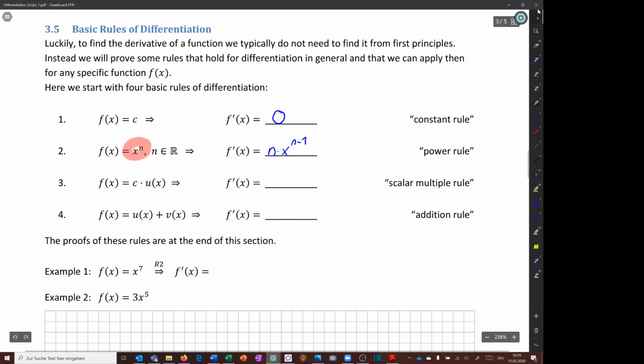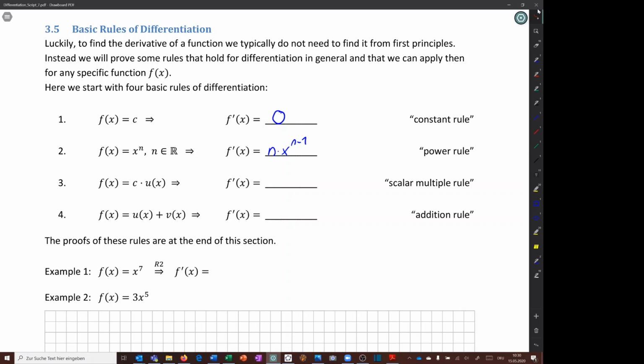So I have x to the power of n. I'm looking for the derivative. I just take the n in front here. I put it here, n times. And then I copy this just using an exponent for the exponent instead of n minus 1.